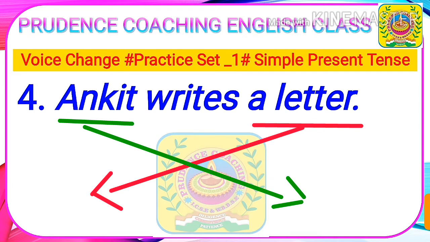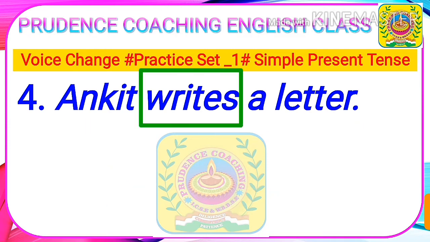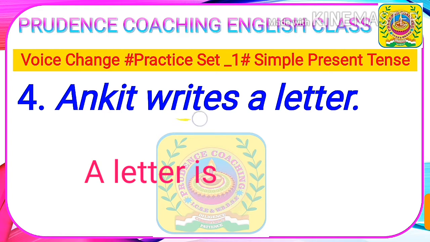So here the subject Ankit will become our object, and a letter, which is the object here, will be our subject. After that we need to use is, am, are according to our new subject. Our new subject is a letter, which is third person singular, so we need to use is with it. After that we need to write the V3 form of the given verb, because in passive voice we always use the V3 form.